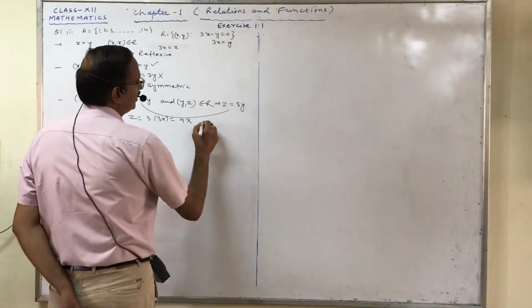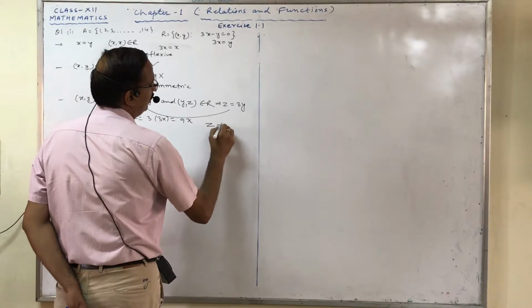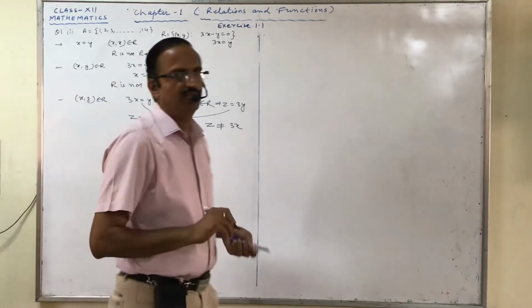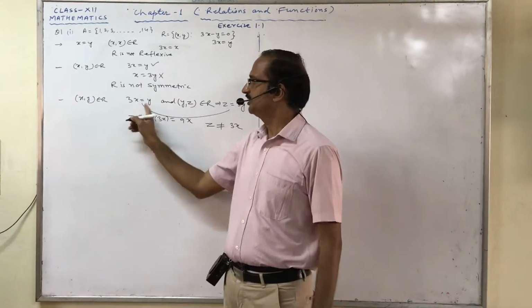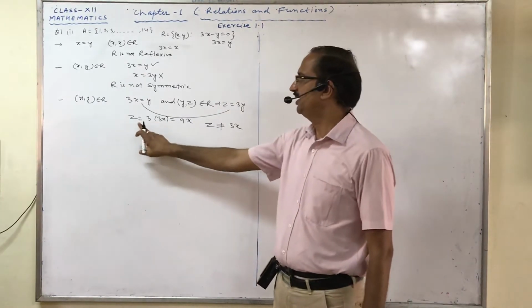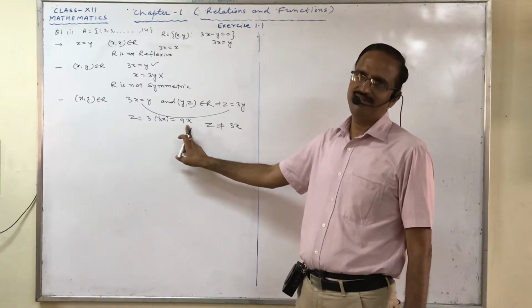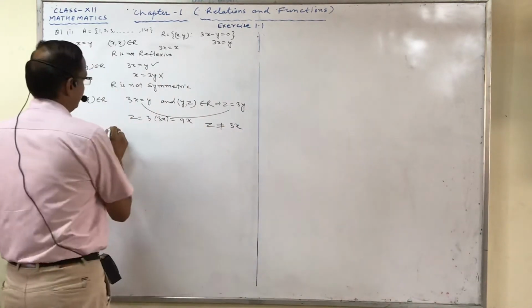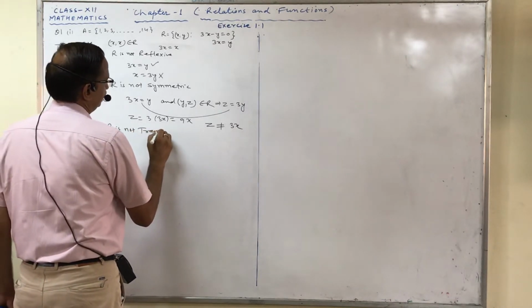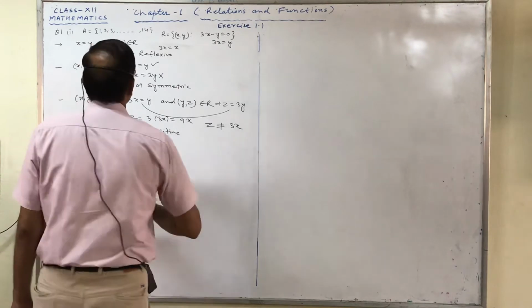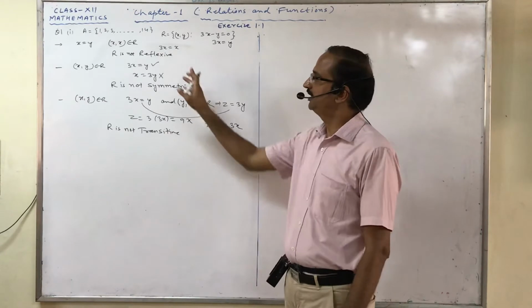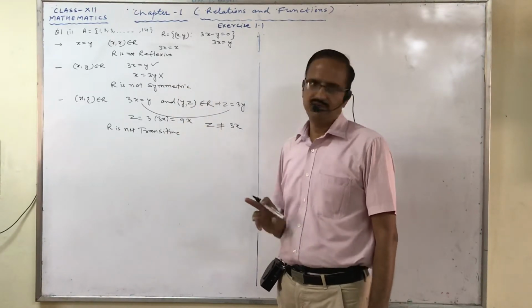It means z is not equal to 3x. The relation is 3x = y, or y = 3x, but here z = 9x, not equal to 3x. So we can say that this R is not transitive. So it is neither reflexive nor symmetric nor transitive.